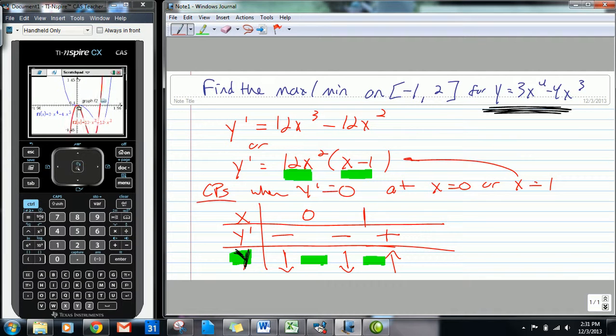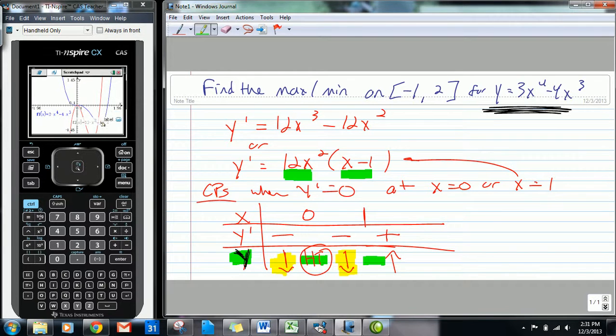So that's neither a max or a min. It is, however, a horizontal tangent, but it's not a max or min. The reason it's not a max or min is we don't have a change in behavior around that particular critical point. In other words, we don't have a change in sign of the derivative, negative to negative, that happens at 0. Right? So that's an example of a critical point that's not a max or min, relative or otherwise.